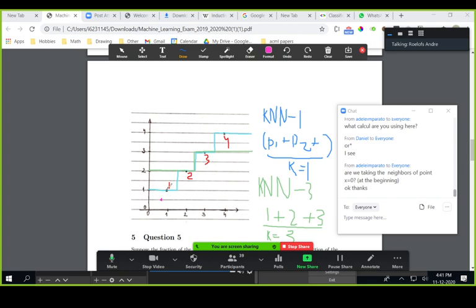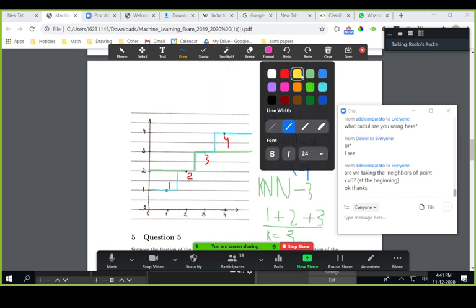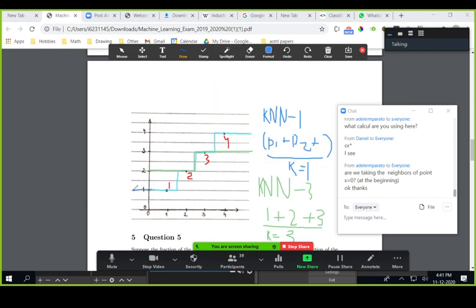Because it's just a simple line, it is possible that you would have some points at like -1, and this would be the closest neighbor. So if we don't have any training points there, this line would also just continue going in that direction.